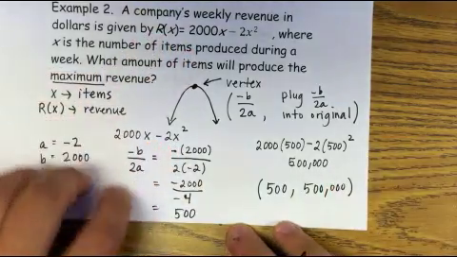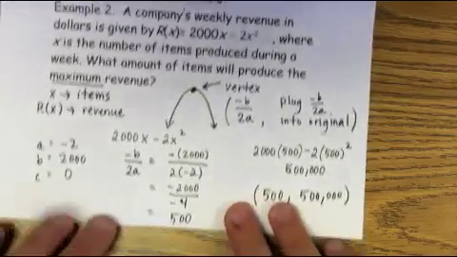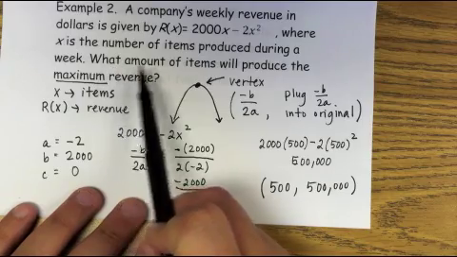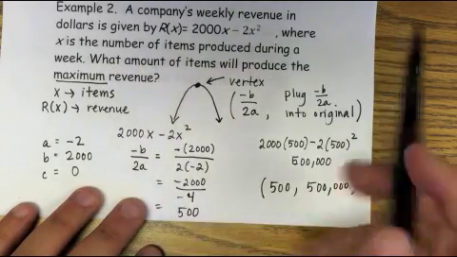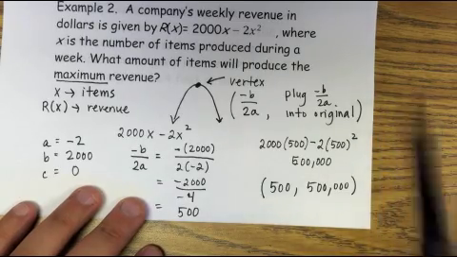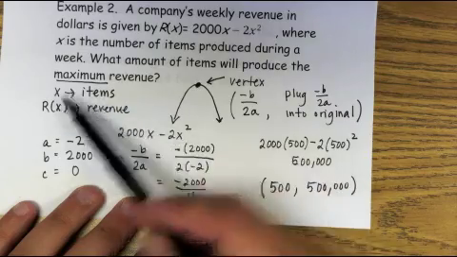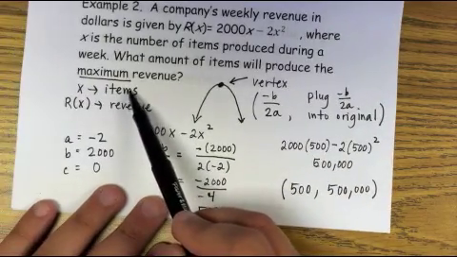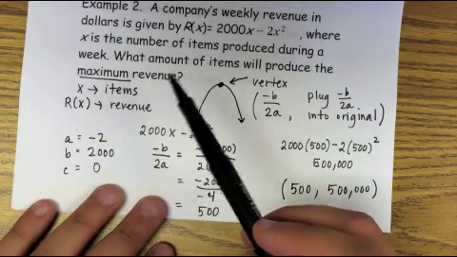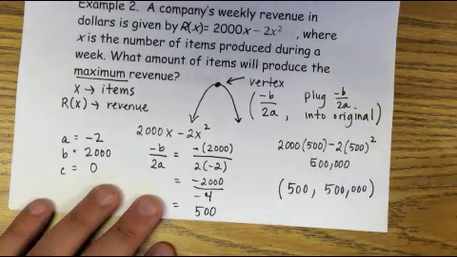However, you're not done, because now you have to determine something here. It says, what amount of items will produce the maximum revenue? Items. What? Over here, we had x stands for items, and R of x stands for revenue. So when you look over here, which one of these is the items?